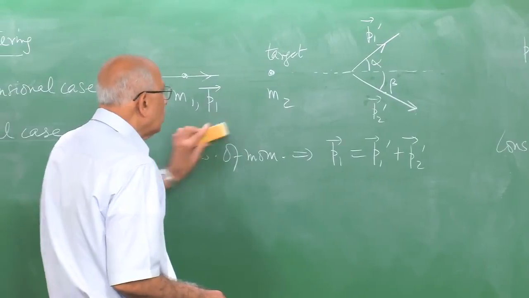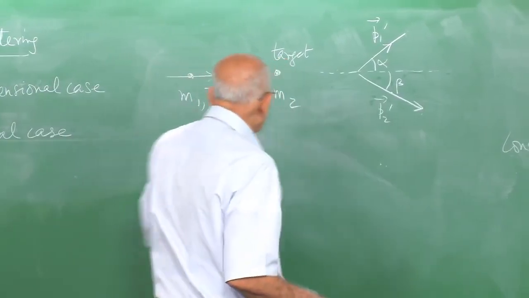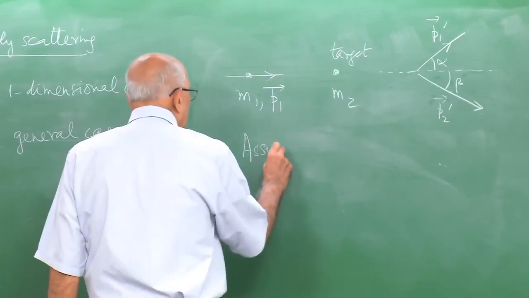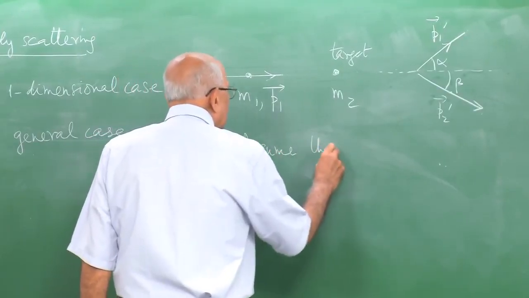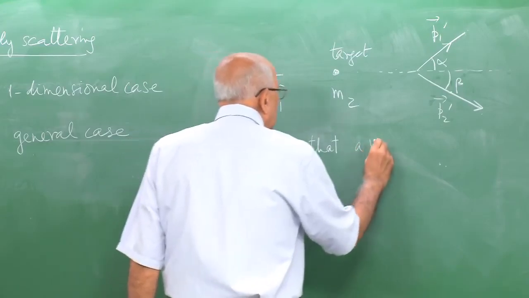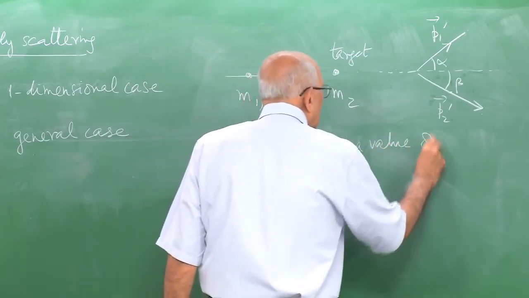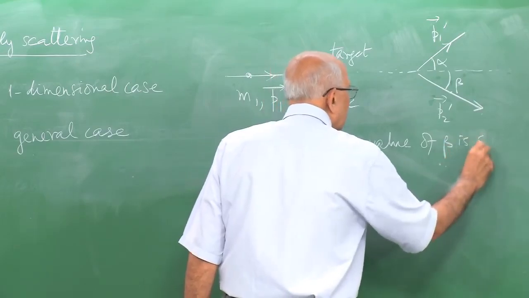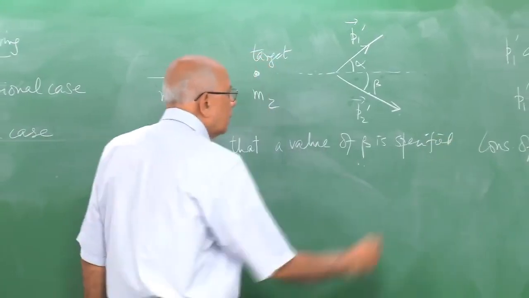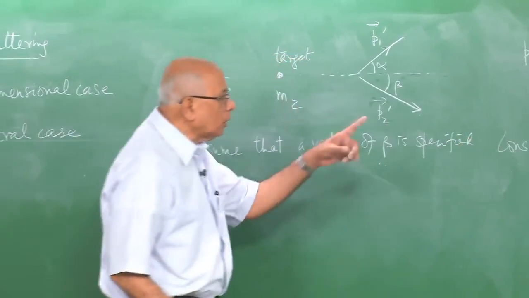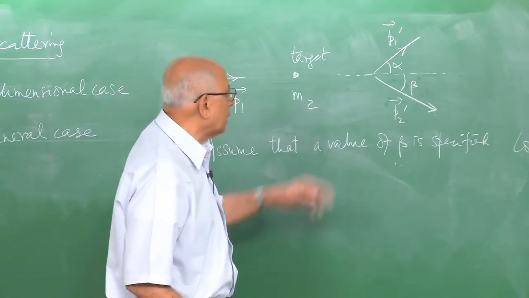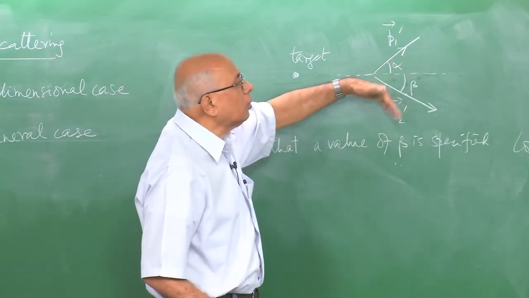So what I'm going to do is to assume that a value of beta is specified. So we will compute the other 3 quantities in terms of a given value of beta, which could run from 0 up to wherever.